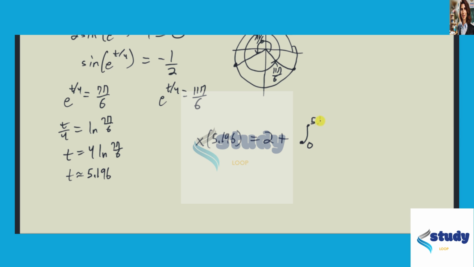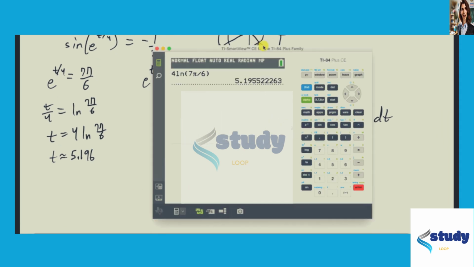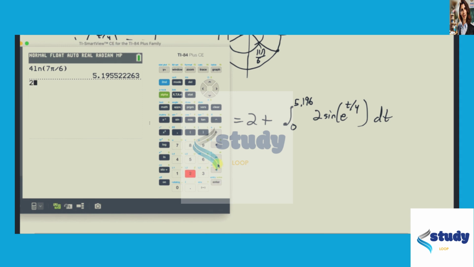That's the integral from 0 to 5.196 of the velocity function, 2 sin(e^(t/4)) + 1 dt. So we can plug that in a calculator.